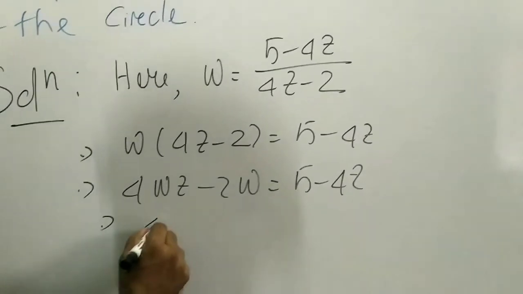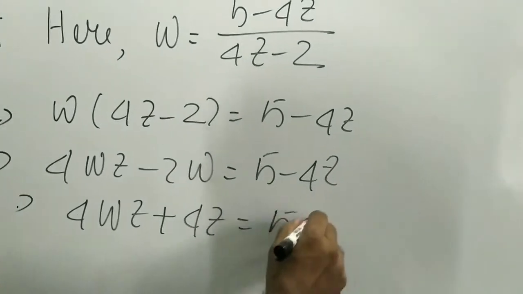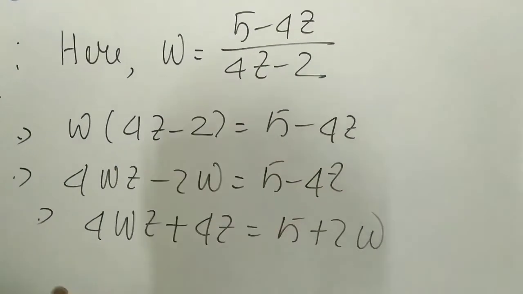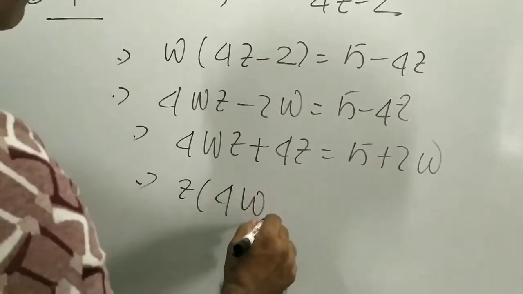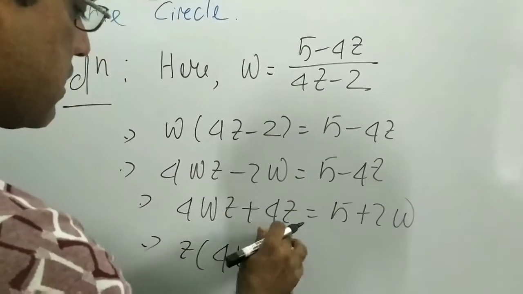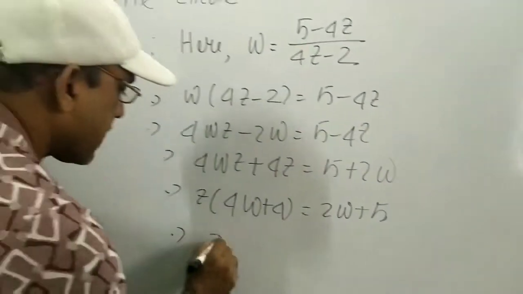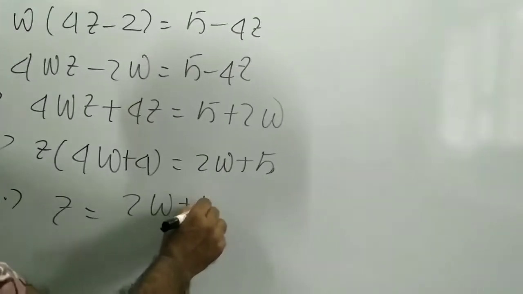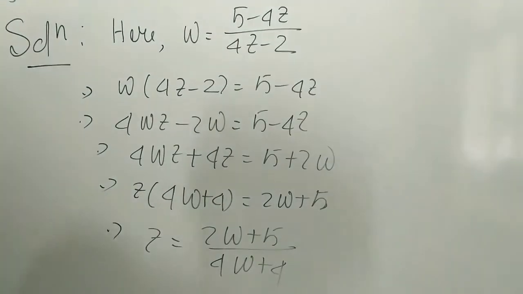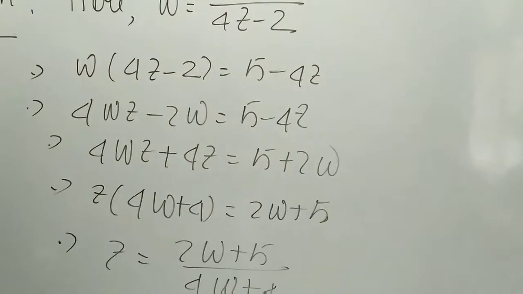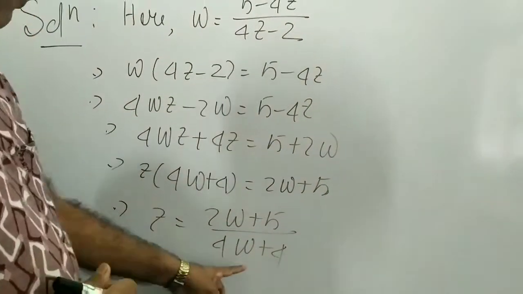Taking 4wz and 4z to the left-hand side and 2w to the right, taking z common, we get z times (4w plus 4) equal to 2w plus 5. Then z equal to (2w plus 5) by (4w plus 4).